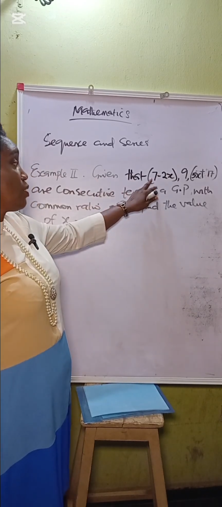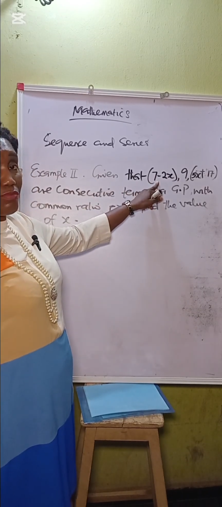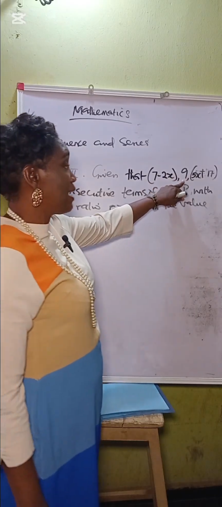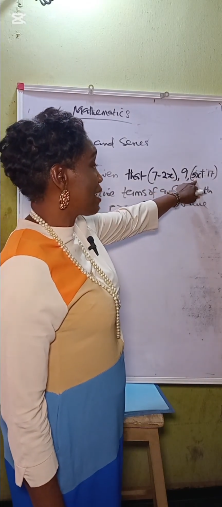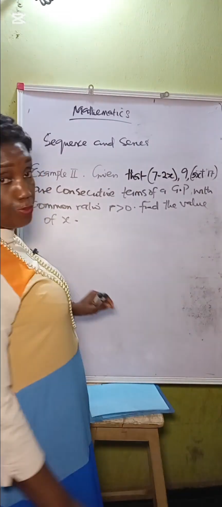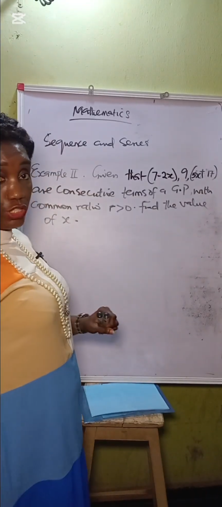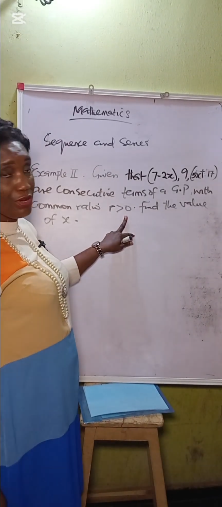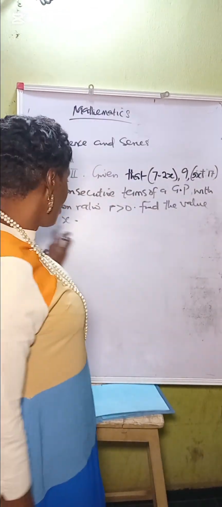Given that (7 minus 2x), 9, and (5x plus 17) are consecutive terms of a GP, geometric progression in its short form, with common ratio r greater than 0. Find the value of x.